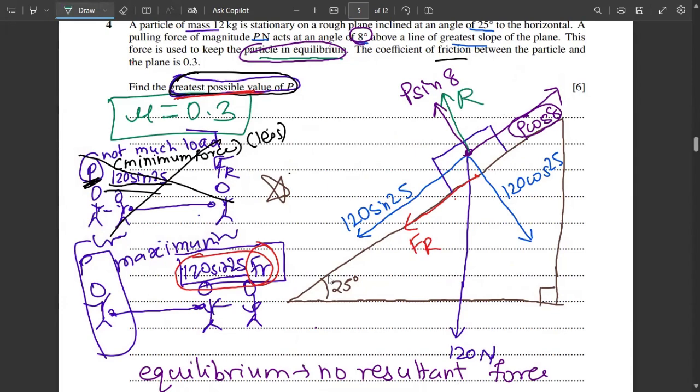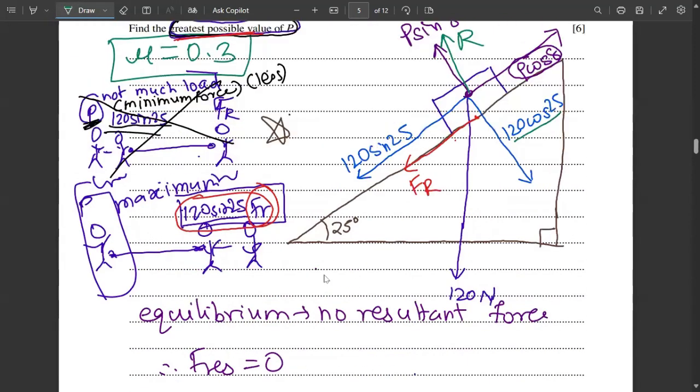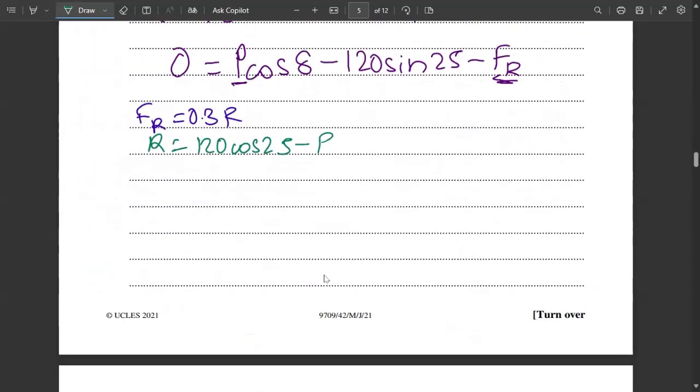R is equal to 120 cos 25 minus P sin 8. 120 cos 25 is the downward force minus the upward force, P sin 8. Therefore, FR is equal to 0.3 (120 cos 25 minus P sin 8).